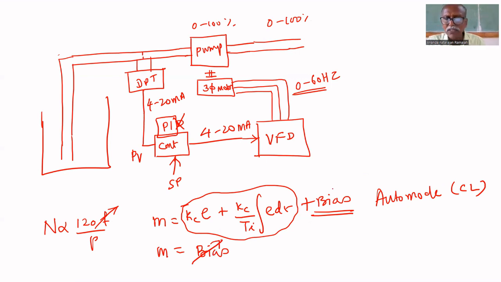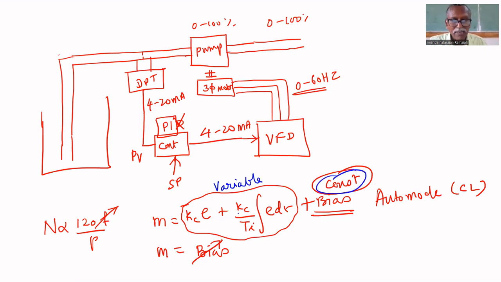But in closed loop, the bias is constant. This part becomes constant. You cannot adjust it. If you press the up down arrow, you cannot adjust. Which part adjusts the controller output? This part. This is the variable part in the controller. This is the constant part in closed loop, in auto mode.